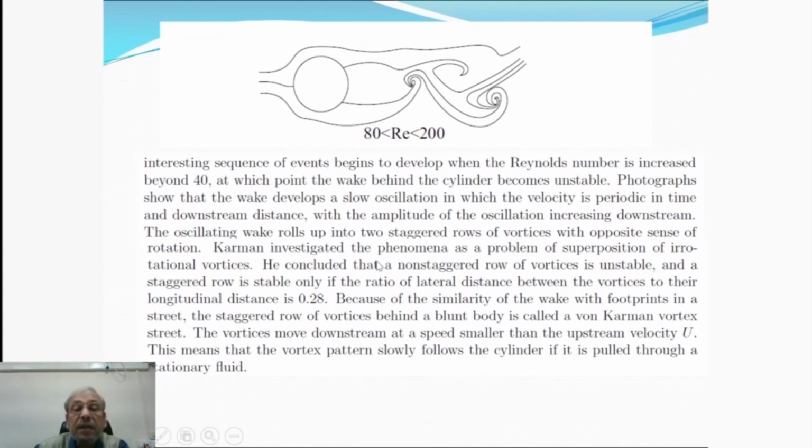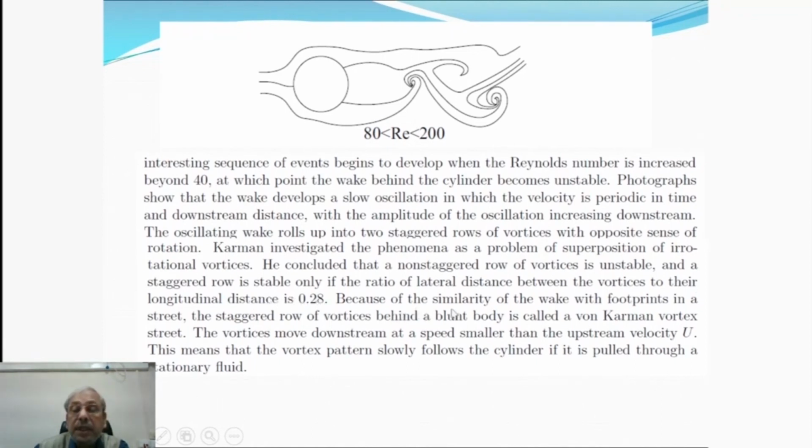Karman investigated the phenomenon as a problem of superposition of irrotational vortices. He concluded that a non-staggered row of vortices is unstable and a staggered row is stable only if the ratio of lateral distance between the vortices to their longitudinal distance is 0.28.